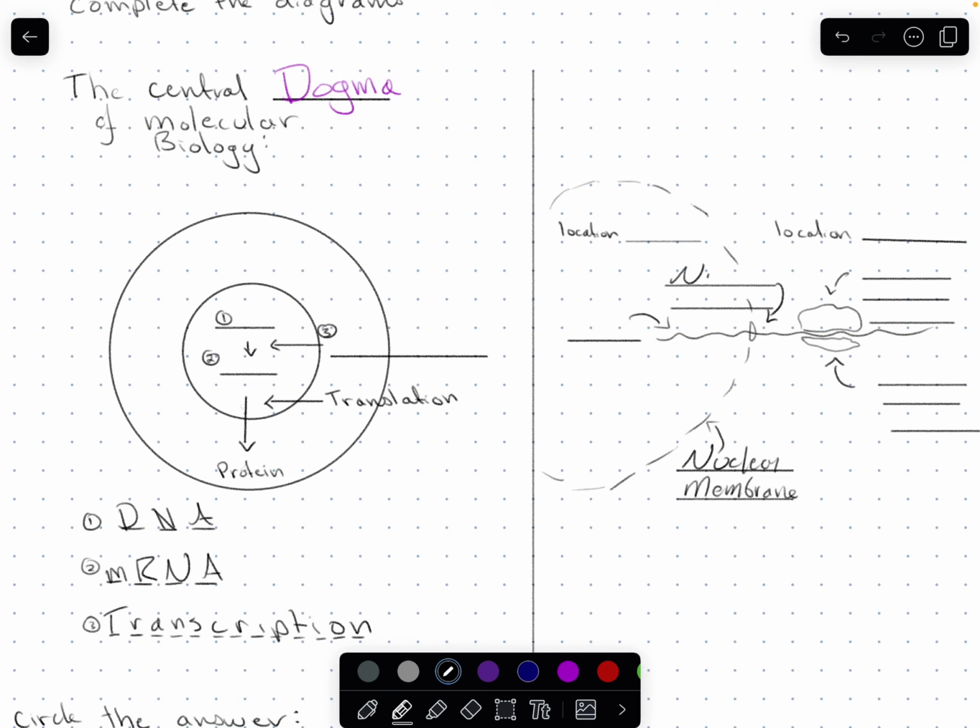So that's our nuclear pore. And this is inside of the nucleus. This little strand we have here that's being worked on, that's our mRNA. And then out here we have the cytoplasm.